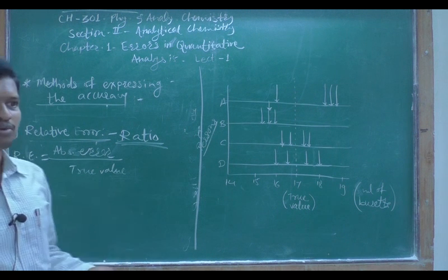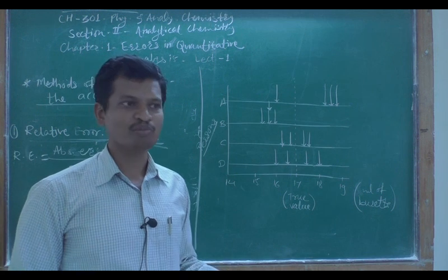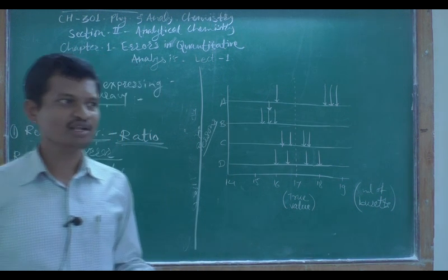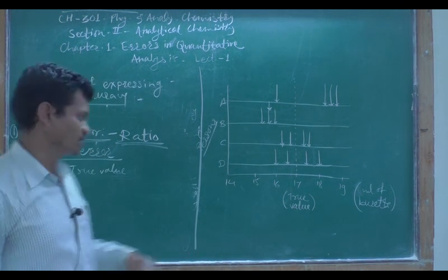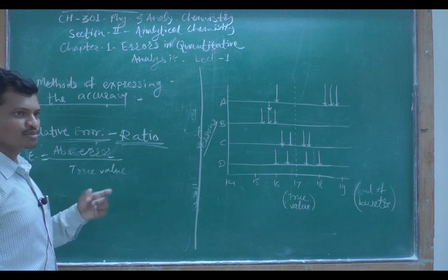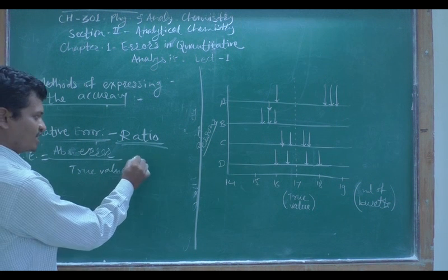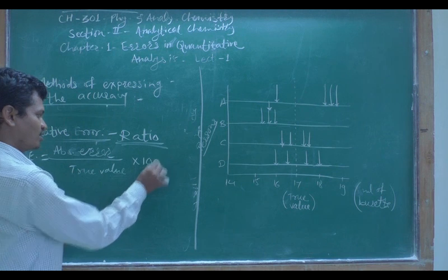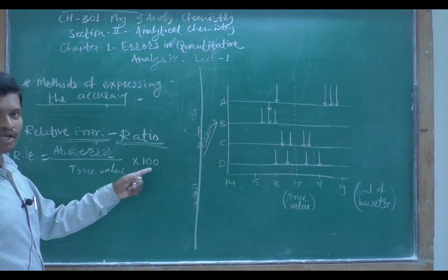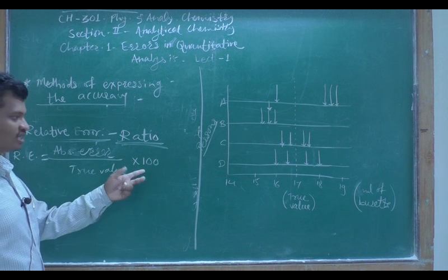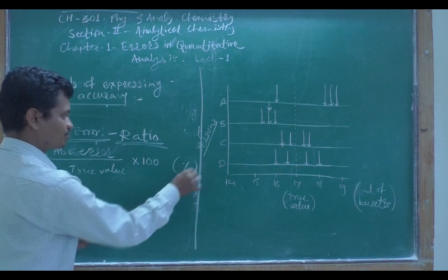Generally, this relative error can be expressed as percentage relative error or in parts per thousand. If we have to express it in percentage, then we multiply this ratio by 100 and we get it in percentage.